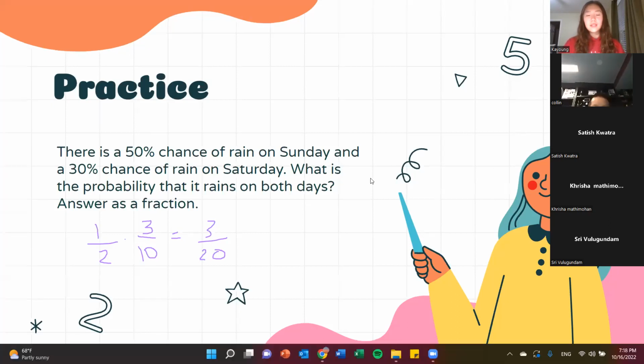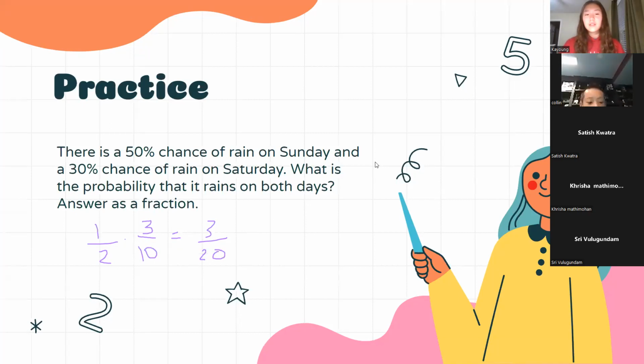That's a little prettier, I guess. I'm not sure why you guys got 1/15. 15% is right because 20 times 5 is 100 and 3 times 5 is 15, but it's not 1/15.